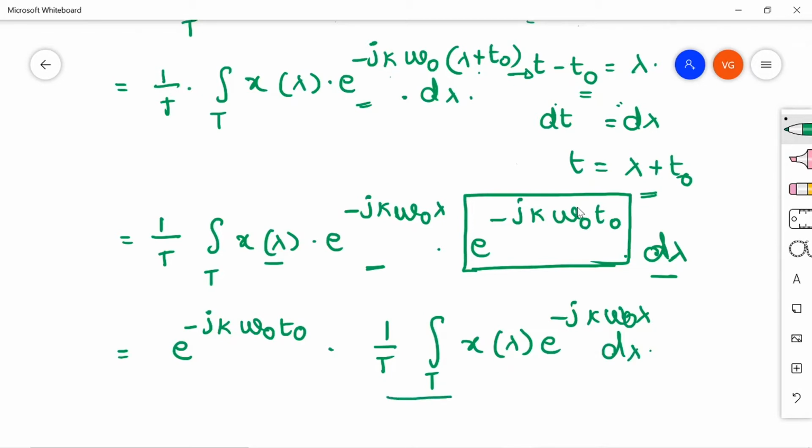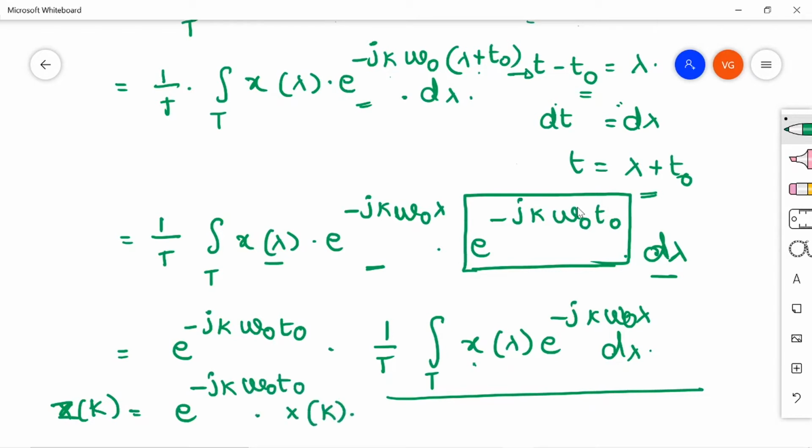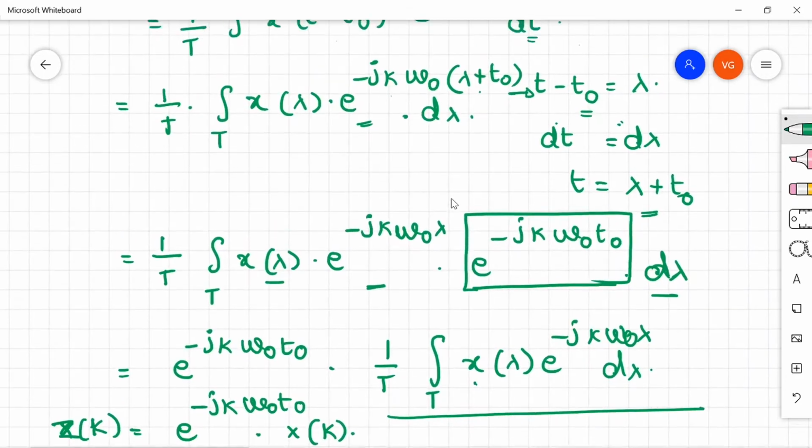If you observe, this is nothing but the Fourier series definition, right? As it is in terms of x, this I can write as x of k. So z of k here is nothing but e power minus jk omega naught t naught multiplied by x of k. So this is nothing but your time shift property.